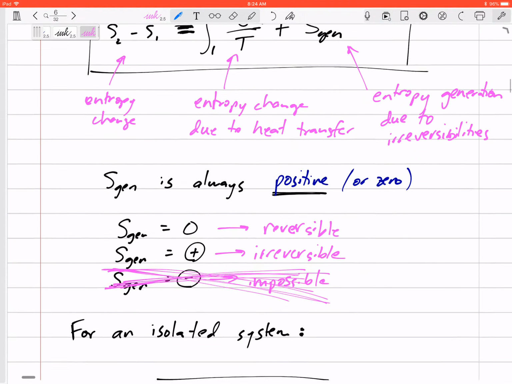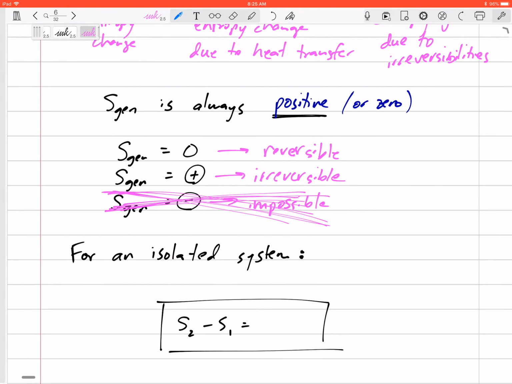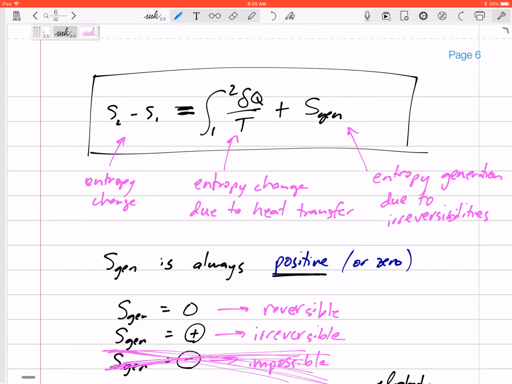Okay, so for an isolated system is also adiabatic. Right? If something is isolated, there's no heat transfer, it's adiabatic. Then this term is 0.